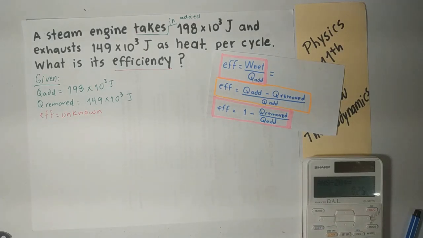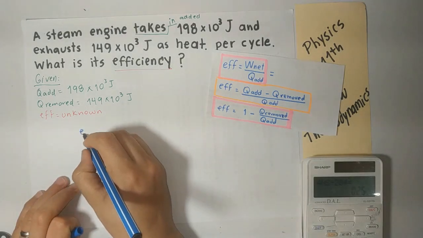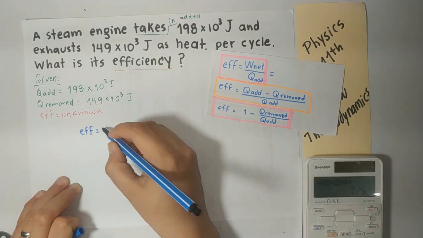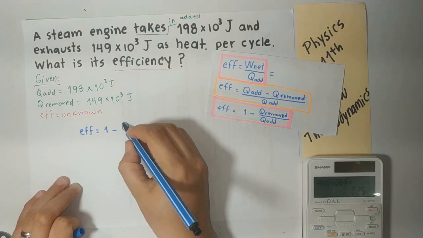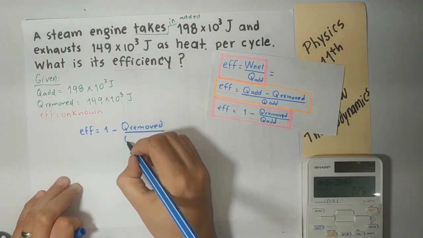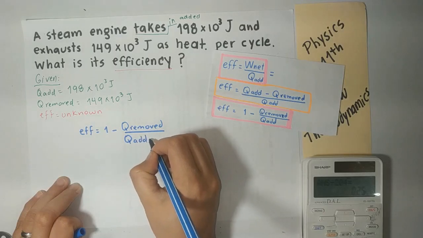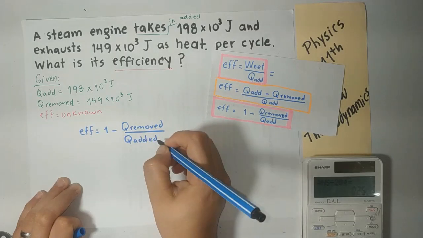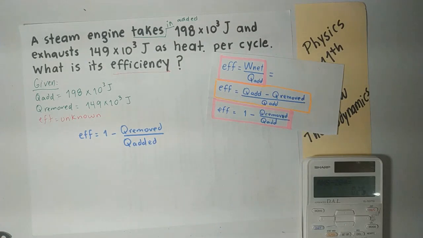So first we write the equation: 1 minus Q removed divided by Q added. Now let's plug in the values.